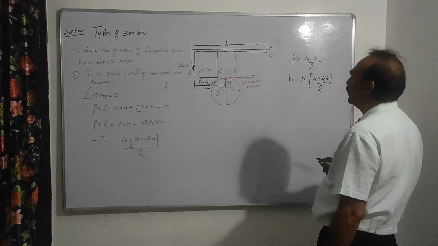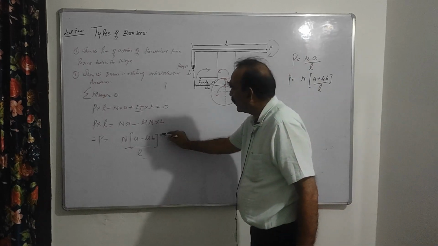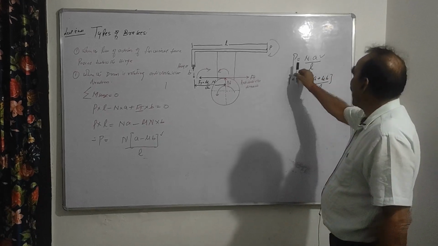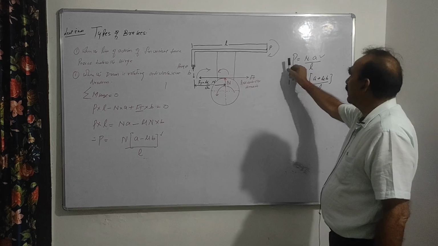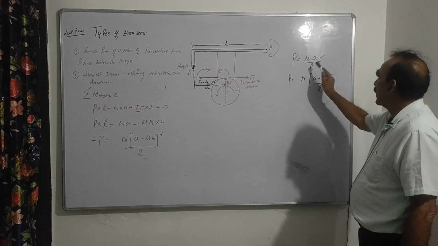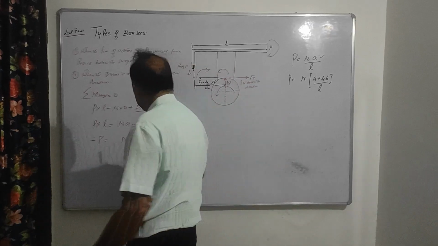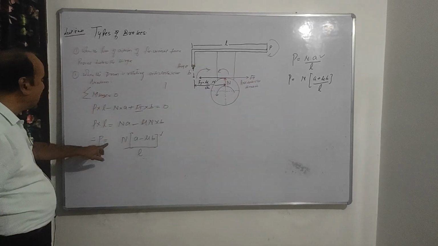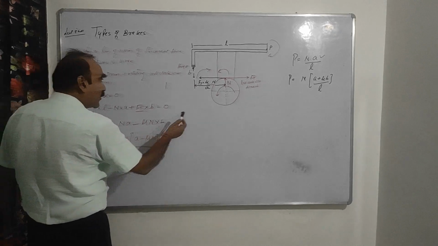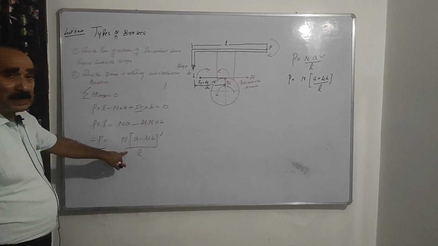So these are the two equations, I think. If you compare them, in the hinge case the force P applied on the lever, the braking force, is N into A upon L. In this equation, P equals N into (A minus mu B) upon L. So from this equation you will see that the effort P is reduced here.